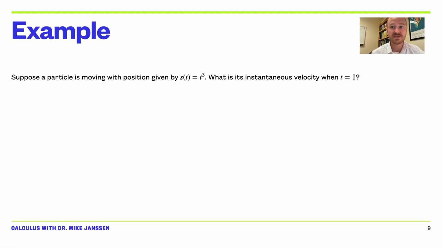And in fact, we can define the instantaneous velocity at t equals 1 to be the limit as h approaches 0 of the average velocity on the interval from 1 to 1 plus h. And that is really just the limit as h approaches 0 of s of 1 plus h minus s of 1 over h.